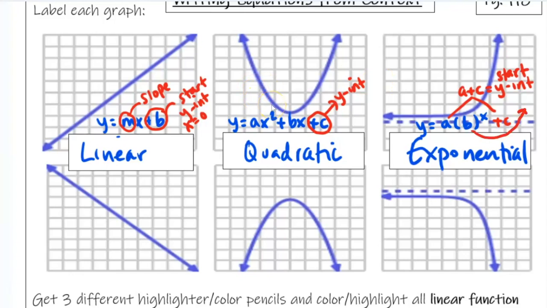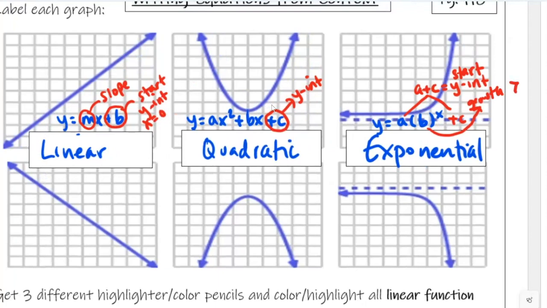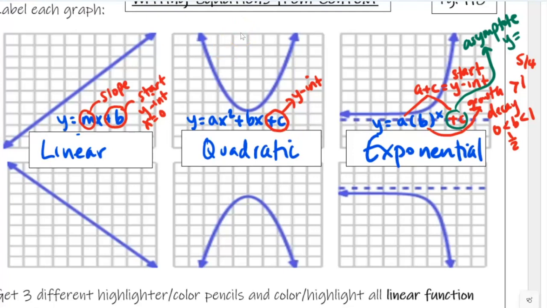Then your b is your growth if it's bigger than 1, or your decay if it's between 0 and 1, not if it's negative. If it's between 0 and 1, that's like 1/2, whereas growth is like 5/4. Okay, so bigger than 1 growth, between 0 and 1, not negative, 1/2. All right, and then c, if you have a c, that is called your asymptote. All right, your asymptote, and it's always a line, so it's y equals some number, okay, which is obviously c.